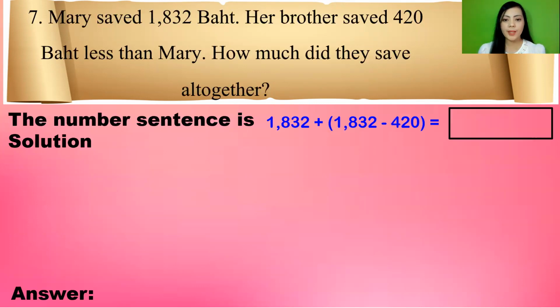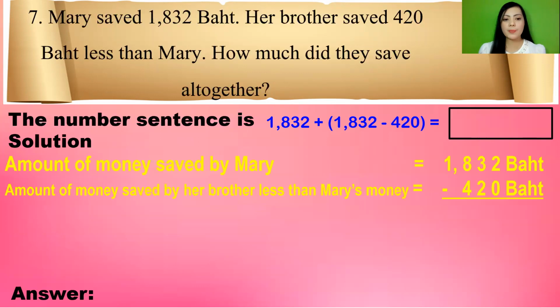Okay, the number sentence is 1,832 plus, inside the bracket, 1,832 minus 420, equal to a box. Amount of money saved by Mary, 1,832 baht. Amount of money saved by her brother, less than Mary, equal to 420 baht.